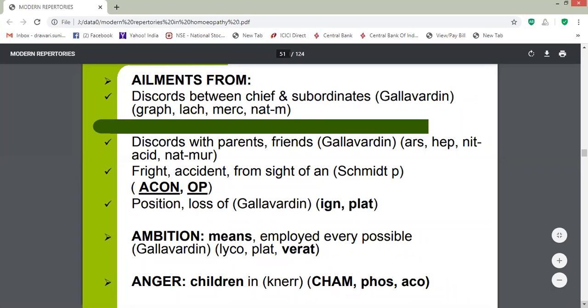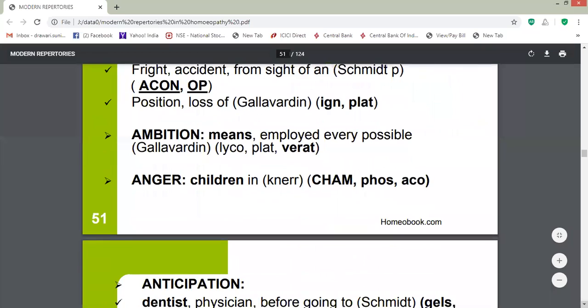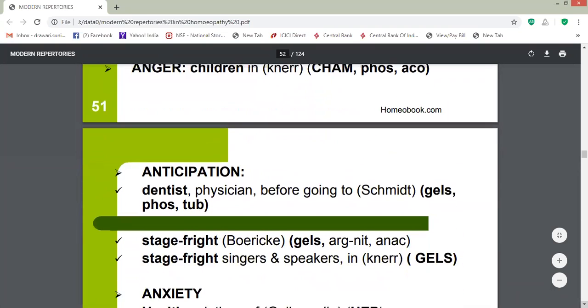Then ambition, employed every possible, was taken from Gallaverdin's work, and indicated medicines are Lycopodium, platina, veratrum. Then anger, children in, was taken from Nayer's work, and indicated medicines are chamomilla, phosphorus, aconite.